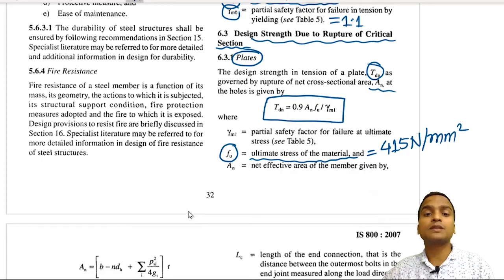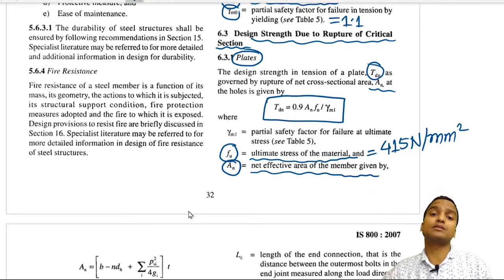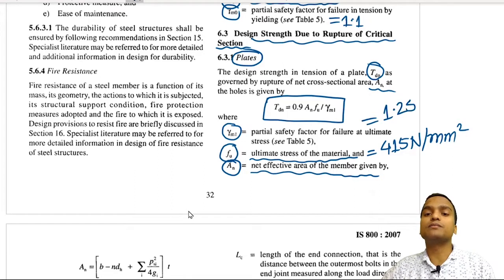All right, and AN is the net effective area of the member. So calculation of net sectional area is very important, and then it is divided by the partial safety factor gamma m1 for failure at ultimate stress, and gamma m1 is equal to 1.25.